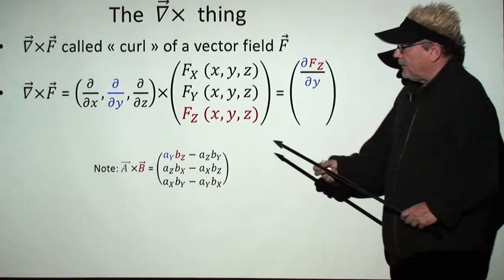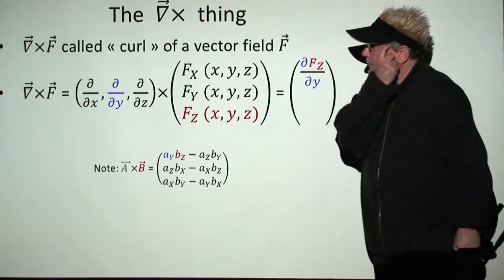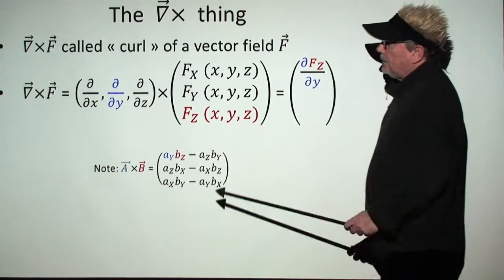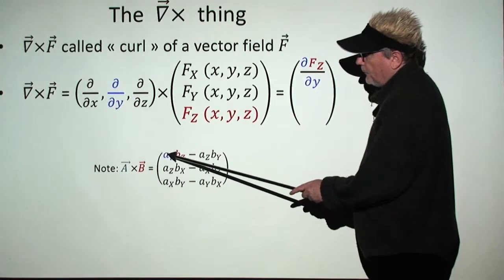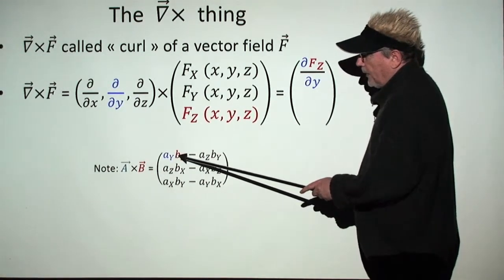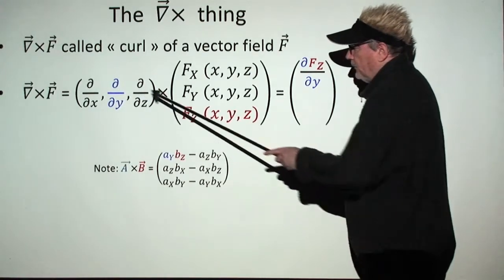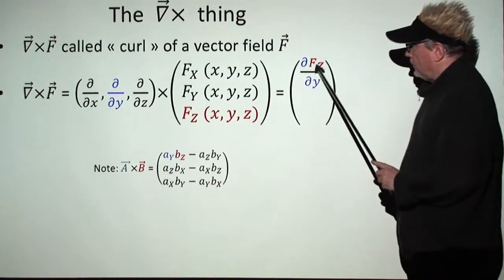So if you apply this to the gradient and the field, what you get is the second coordinate of the first vector multiplied by the third coordinate of the second vector. So that's this by this. That gives you this part here that we put there.